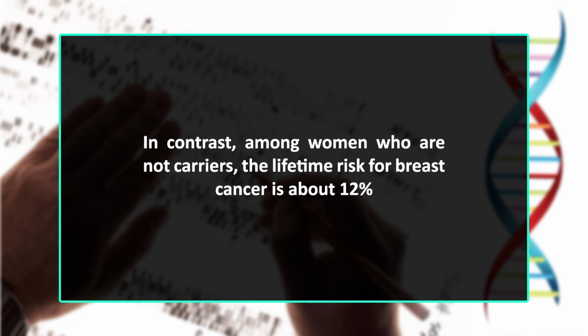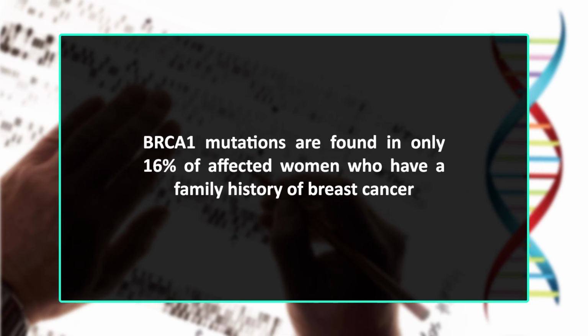In contrast, among women who are not carriers, the lifetime risk for breast cancer is about 12%. So indeed, BRCA1 mutations are found in only 16% of affected women who have a family history of breast cancer.